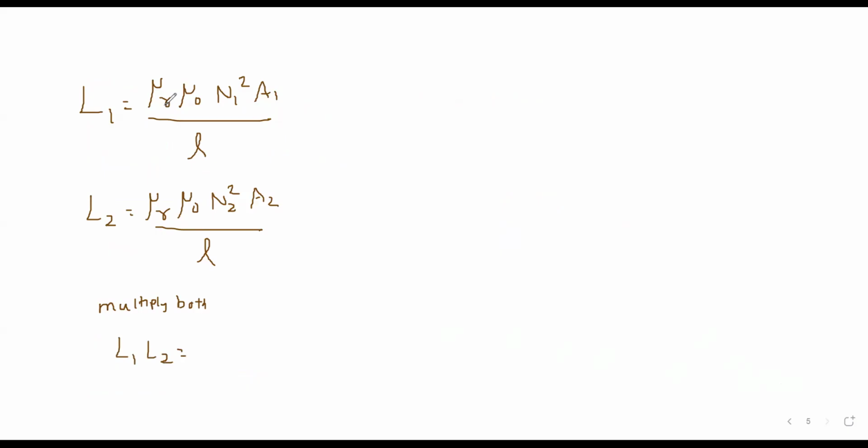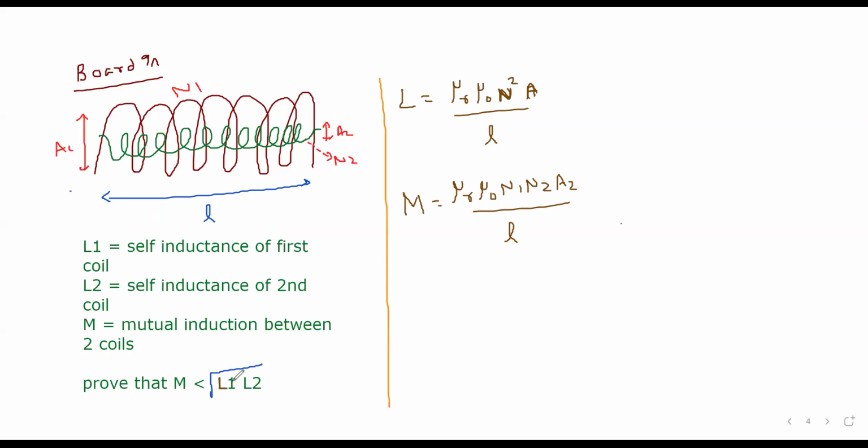So mu R into mu R, mu R square; mu naught square; N1 square, N2 square; A1 into A2 by L square. Why do I multiply? Because I want L1 into L2.